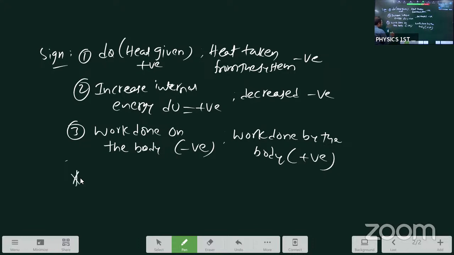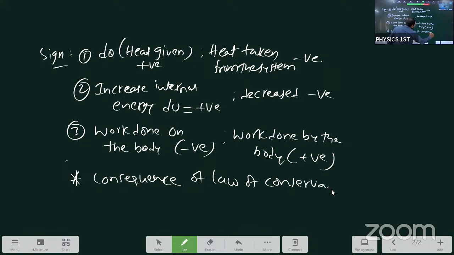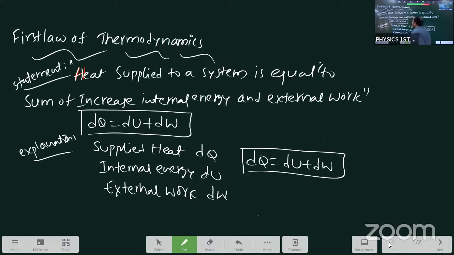What is the importance of this law? It is a consequence, meaning another form, of the law of conservation of energy. Overall question like this: state and explain the first law of thermodynamics.